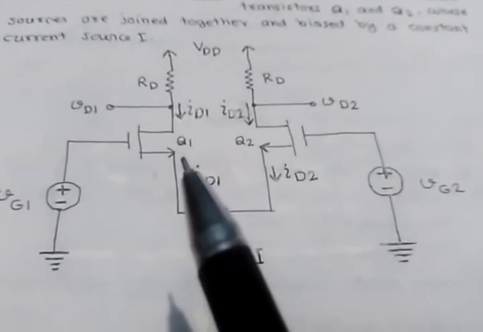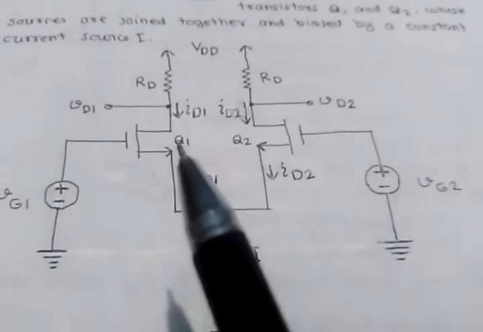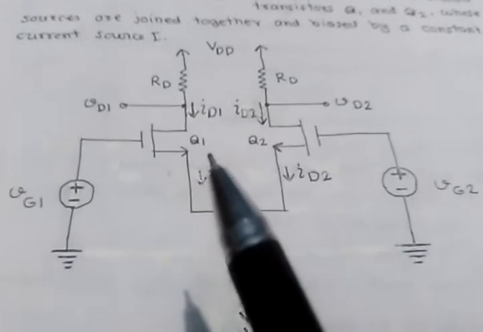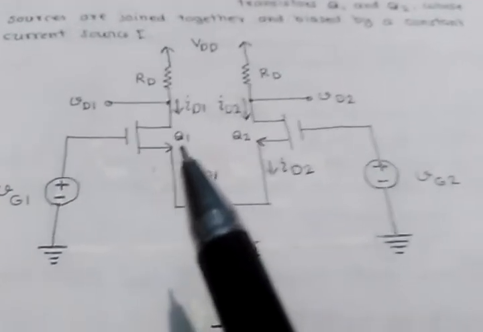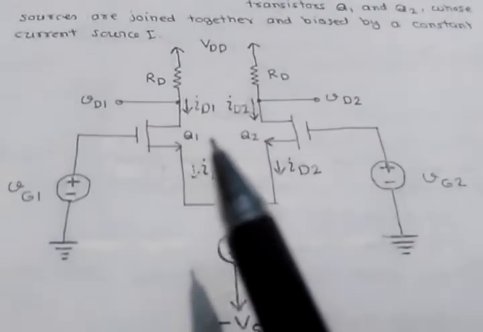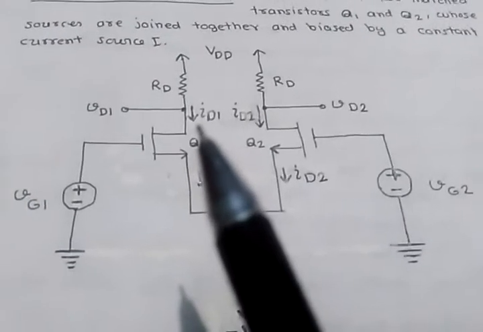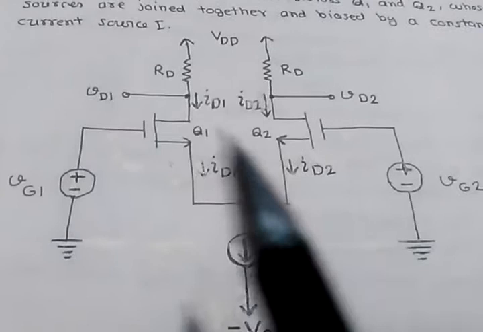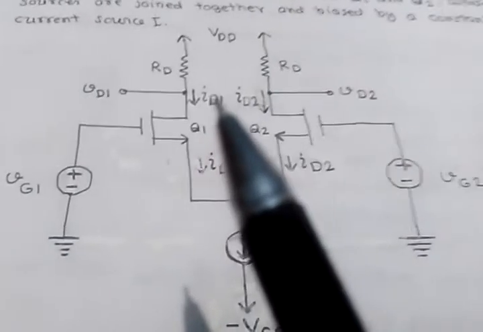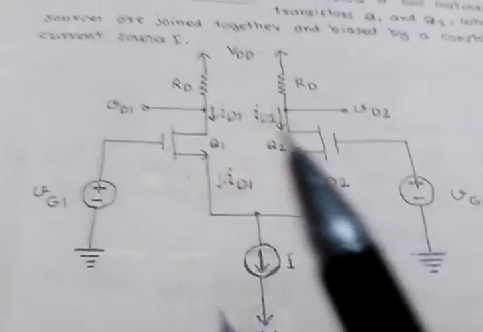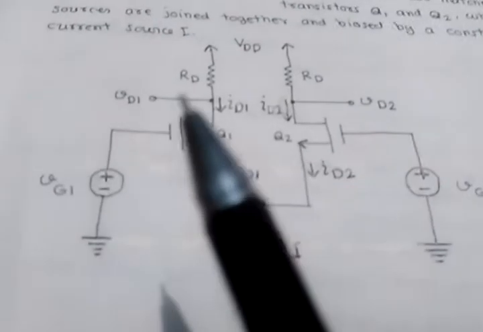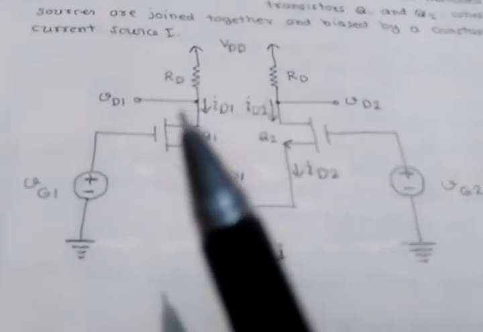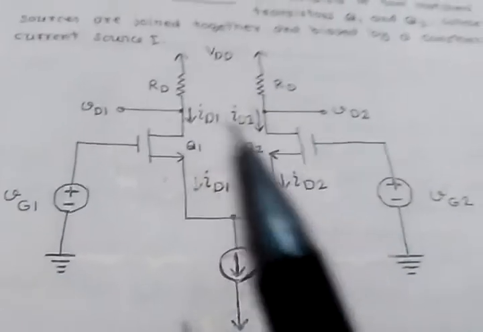Output of differential amplifier using MOSFET or MOS differential pair is taken across the drain of these two transistors Q1 and Q2. We can take output as VD2 minus VD1 or VD1 minus VD2.